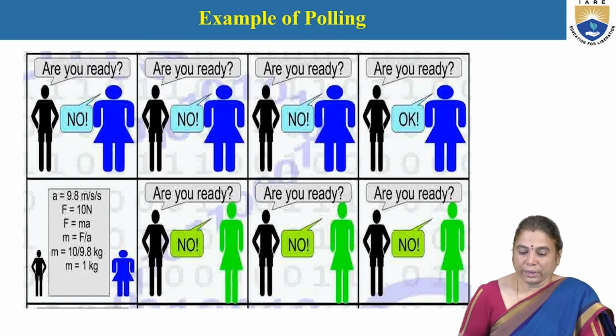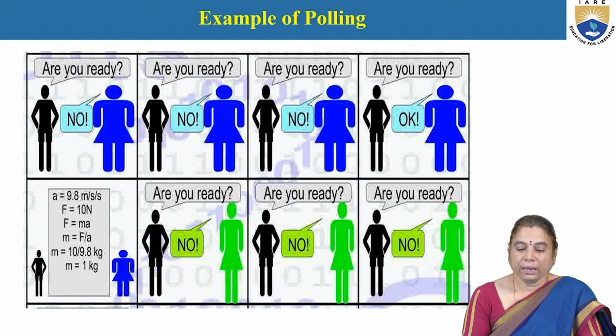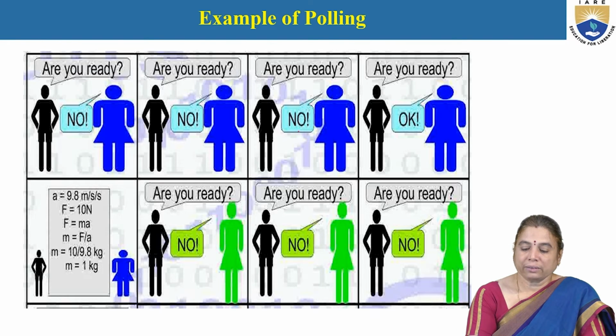How is this polling done? Whenever multiple interrupts are raised, the polling software polls each and every device to see whether the device is ready for data transfer or not. Each and every connected peripheral is polled: are you ready? The device is not ready here.